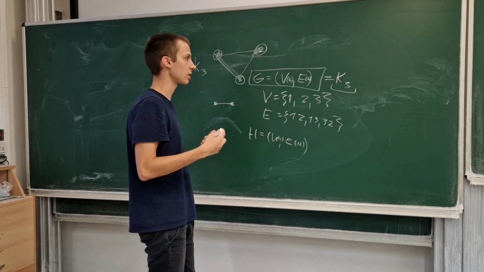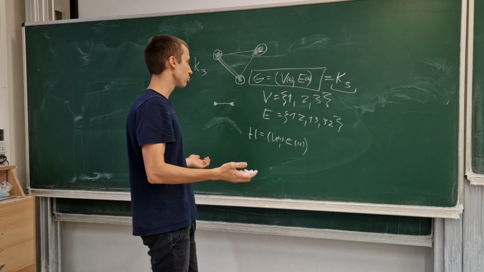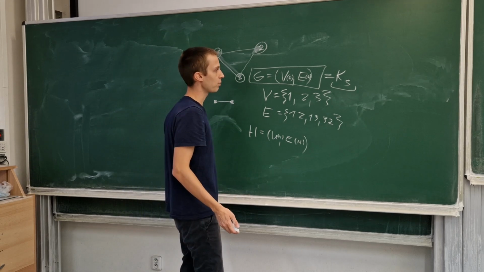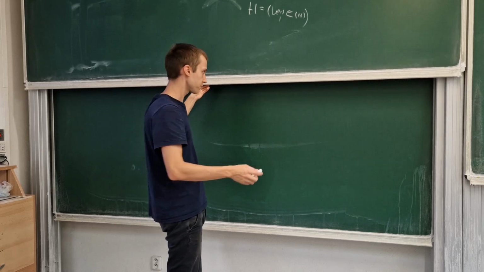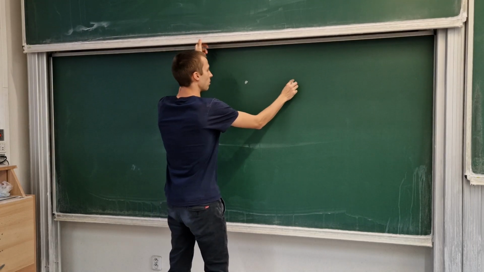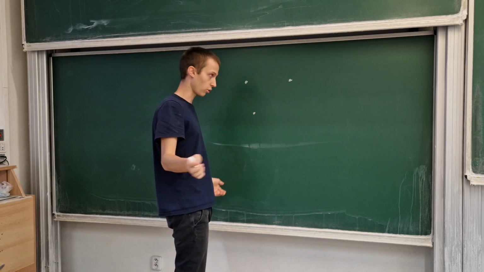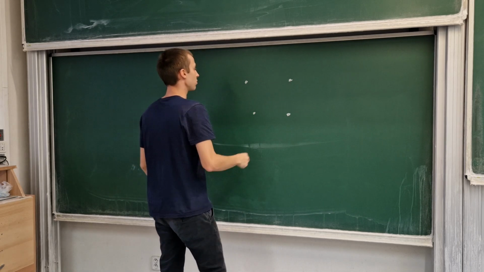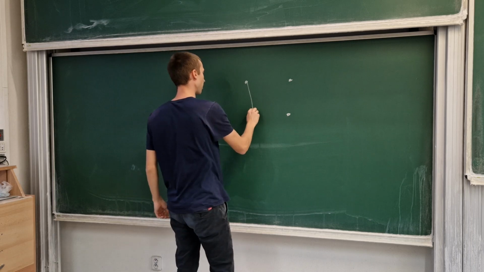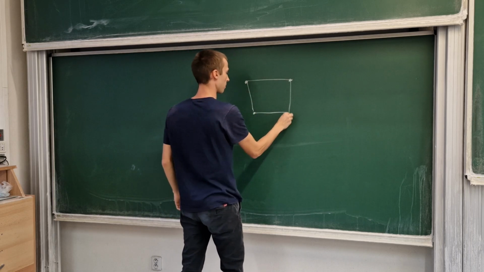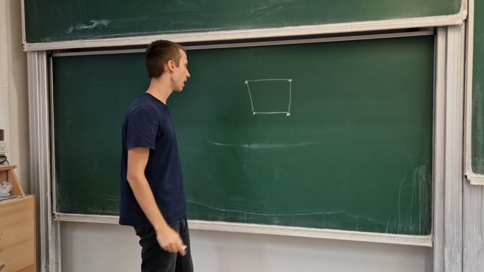We can have graphs where not everything is connected. I can better illustrate this if we took an example of some more points, and let's say not points, vertices, let's call it the right name. Let's say we have 4 vertices, connected like this.